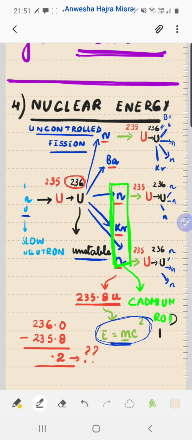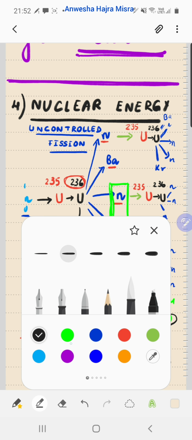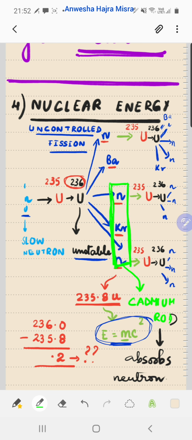So he said, let 3 neutrons come out, but cadmium will absorb 2 neutrons and allow only 1 neutron to go. So my reaction will be controlled.